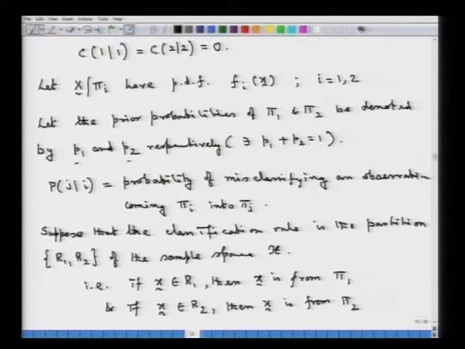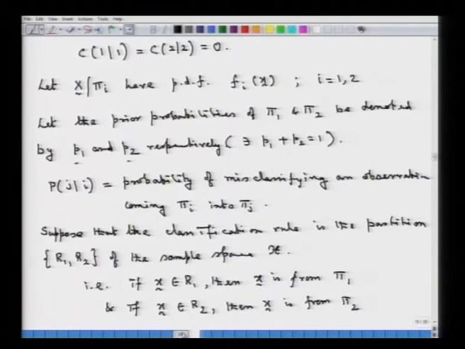Because we have made this a partition, R1 intersection R2 is phi, R1 union R2 is script x. So, for any x coming from the sample space, we will see its location with respect to this partition R1 and R2, and if x belongs to this R1 part, then we will say that X is basically coming from pi 1 and hence X is classified into pi 1 population. If X belongs to R2, then X is classified to be coming from the second population, which is pi 2. So, this is the classification rule.